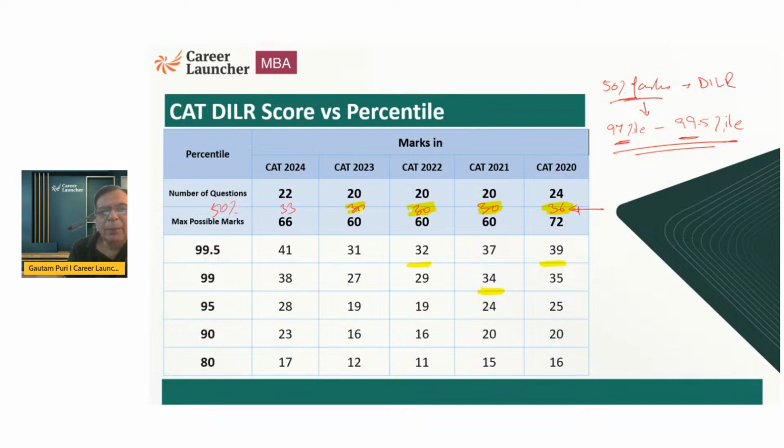And the same 30 marks in CAT 23 would have got you almost a 99.5 percentile. In fact, I remember it was 99.44 percentile in CAT 23. And in CAT 24, which had a slightly easier paper, the same 50% marks or 33 would have got you a 97.5 percentile. So this is what you need to remember.